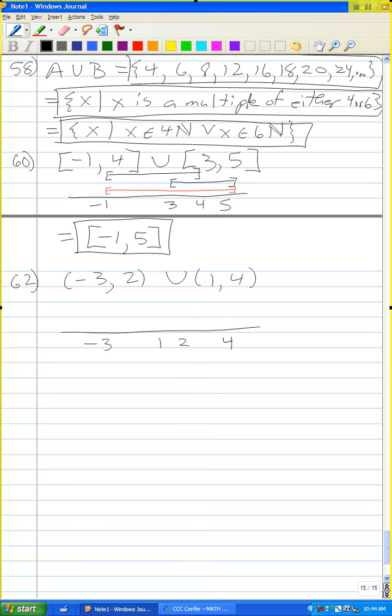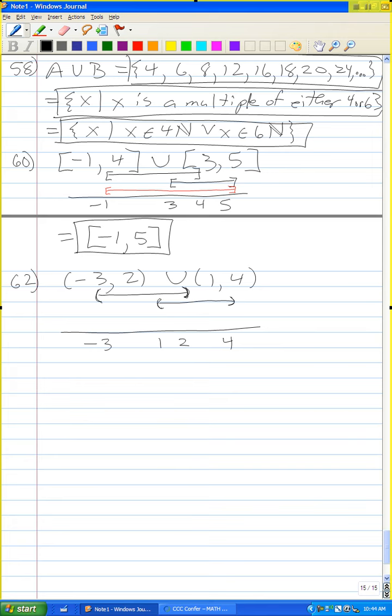Let's say we have the open interval from -3 to 2, and from 1 to 4.